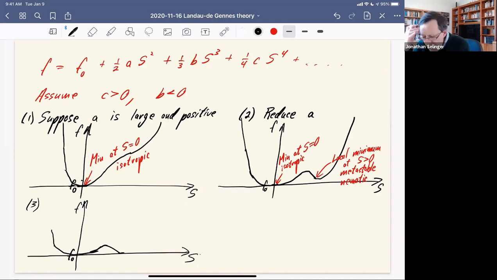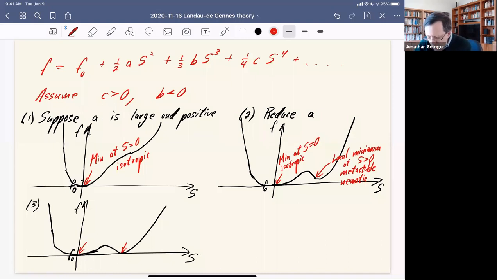And then when you get to larger S, the S to the fourth term comes in and it makes the function go up. So here we can see that there are 2 equal minima there and there.